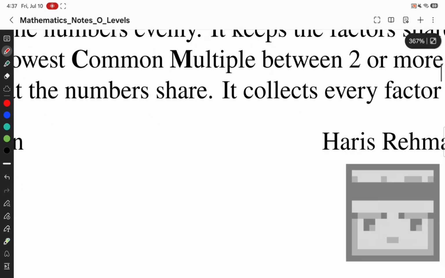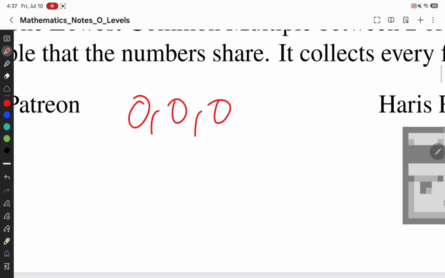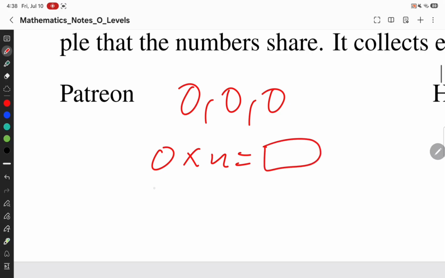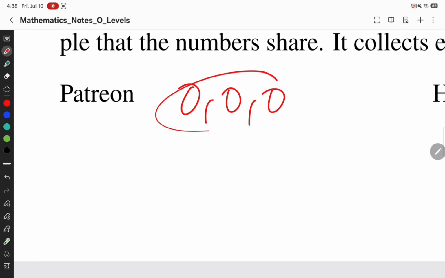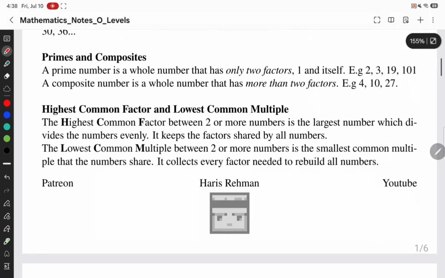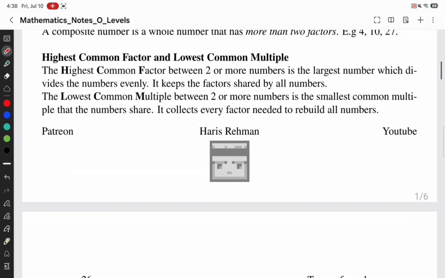It takes the inputs, for example 3 inputs, and checks in the times table where this common multiple occurs in all 3. The answer you get after doing LCM is the lowest common multiple.